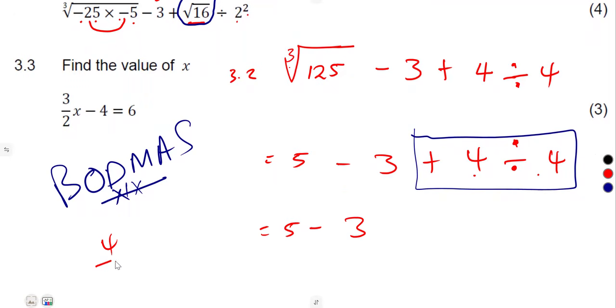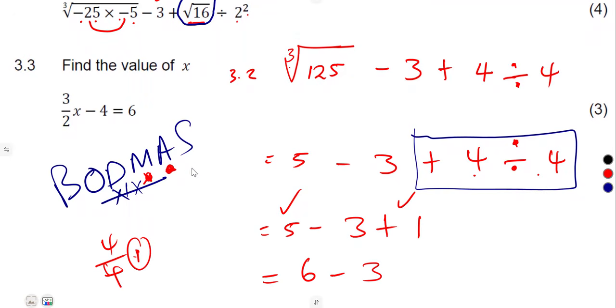So this one is 4 over 4, which is 1. So we've got plus 1. So do we have addition? Right, we do not have multiplication, so we move on to addition. Do we have addition? 5 and 1. Add those two, that's 6 minus 3. Then subtraction. 6 minus 3 is what? It is 3. So that is what we were going to have at the end of the day.